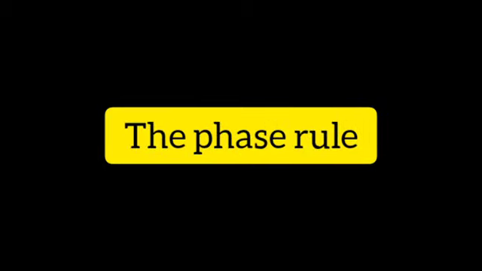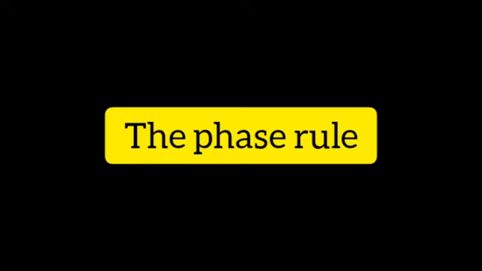The phase rule. The coexistence of two phases in equilibrium implies a condition, which means that the two intrinsic variables ordinarily needed to describe the state of a system are no longer independent, but are related. Because of this relation, only one intrinsic variable, either temperature or pressure, is needed to describe the state of the system.